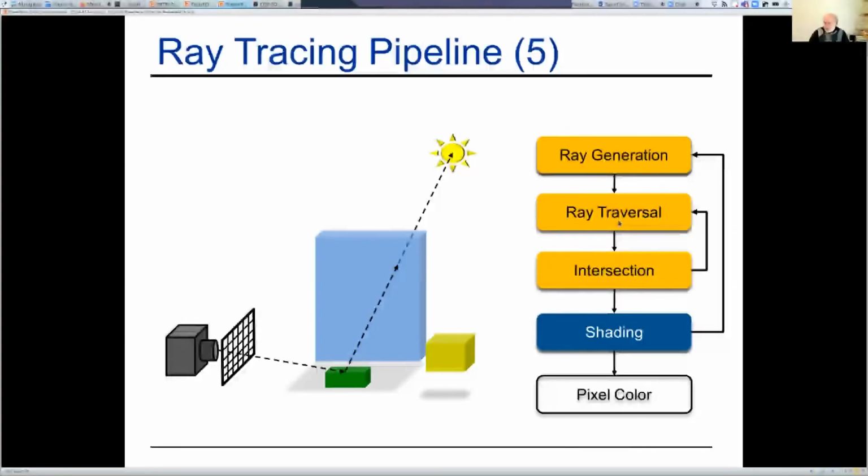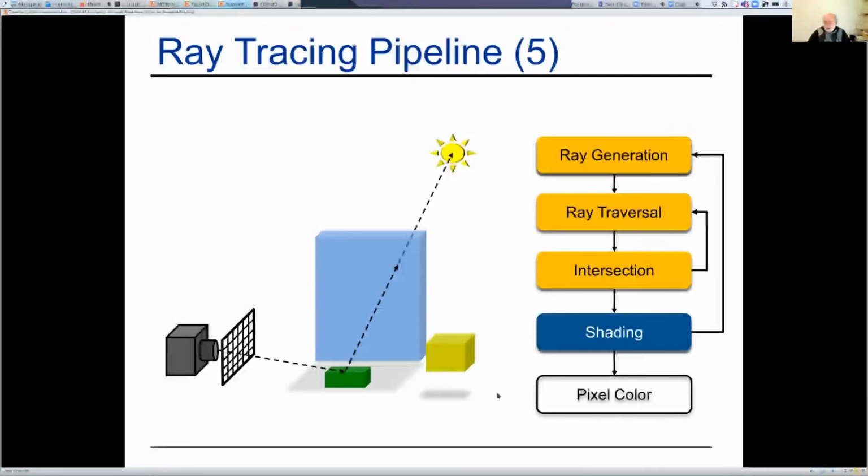If there is no intersection, we continue traversing until we either reach the light source and there was no intersection in between, in which case we know there is no object that casts a shadow, or until we've hit an object which is not the light source, in which case we know light from the light source cannot reach the hit point that we're computing, so the point here on the green object.